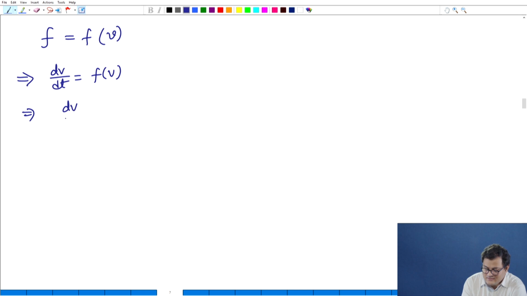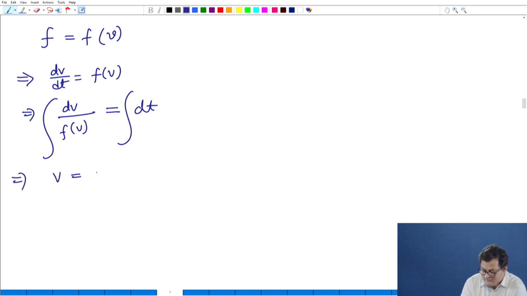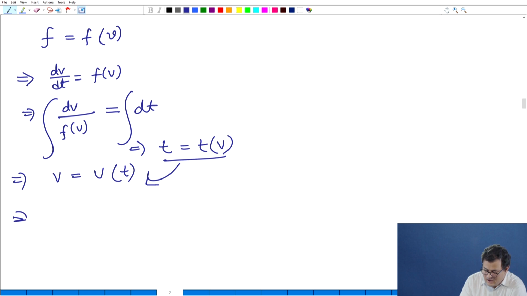You just take dv by f of v and dt, then integrate both sides. What you get is not exactly v as a function of t; you get t as a function of v. If that function is invertible, you first get v of t, and then you can write dx by dt as a function of t and integrate to get x as a function of t.